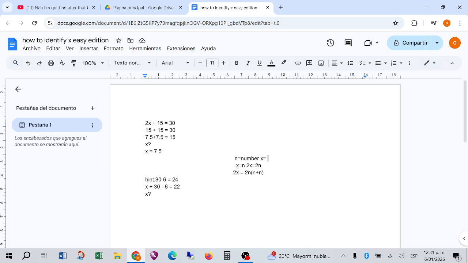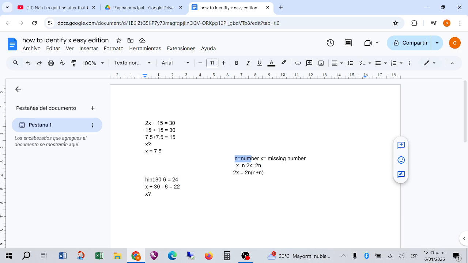Okay. And x, we're gonna call it the missing number. We're gonna call x the missing number, which doesn't make 2x equal to 2n as this theory provides.